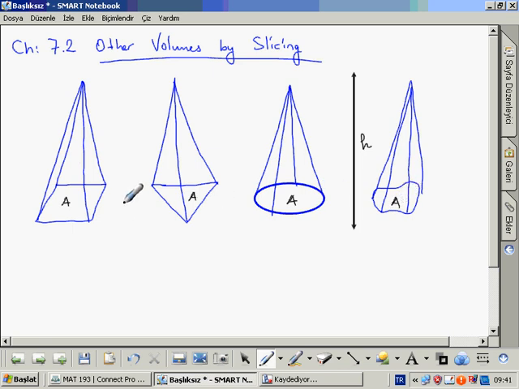We can find these volumes by the integral from a to b of A of x del x.